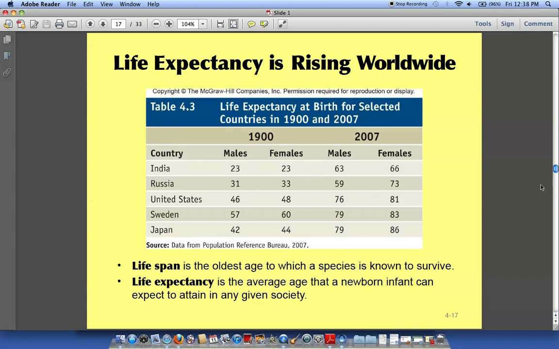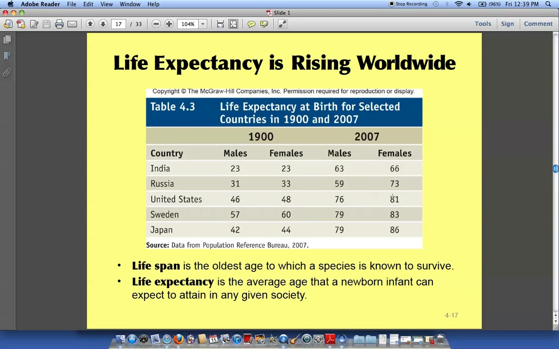I wish these were more recent, but we can see that life expectancy for people who live in these various countries in the 1900s, you weren't really expected to live almost past 50, except in Sweden.